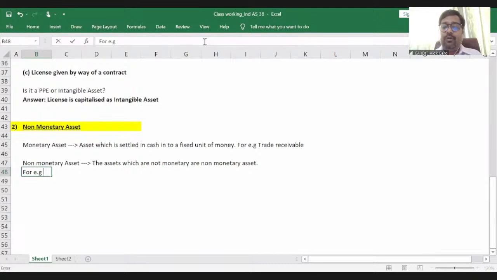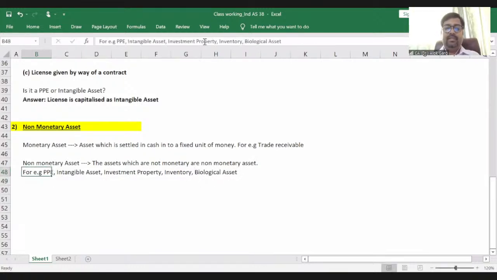Examples of non-monetary assets are PPE, intangible assets, investment property, inventory, and biological assets. These are examples of non-monetary assets.